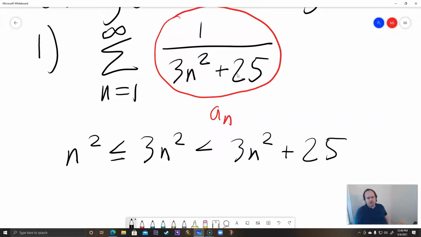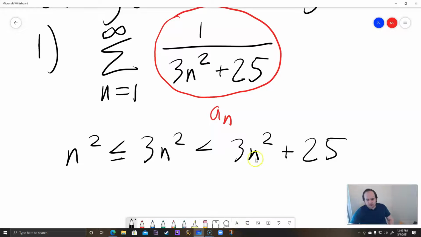Okay, so you might be kind of confused, well, where is this coming from? And why did I choose n squared? Well, the reason I chose n squared is if we can get it in the format where we have this compared to 1 over n squared, then we'll be able to determine whether it converges or diverges, because 1 over n squared is going to be a p-series.